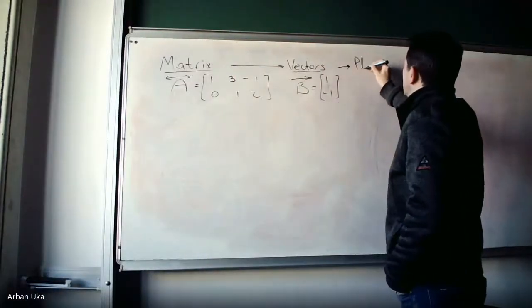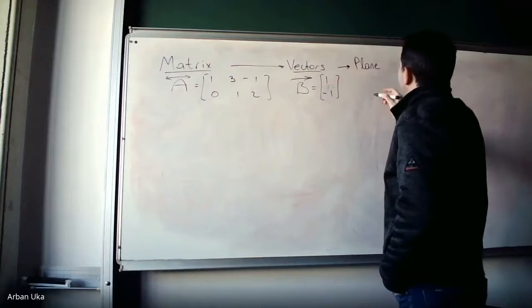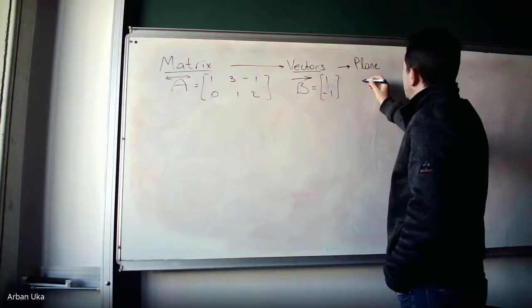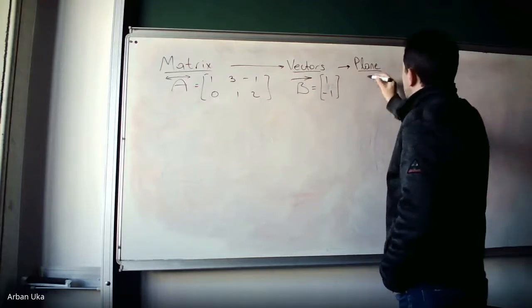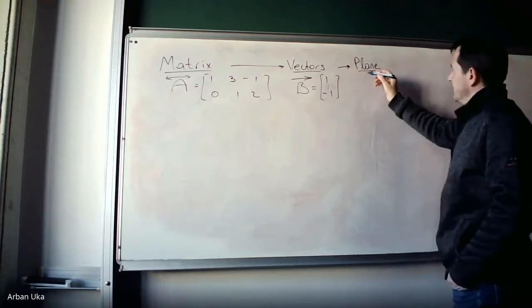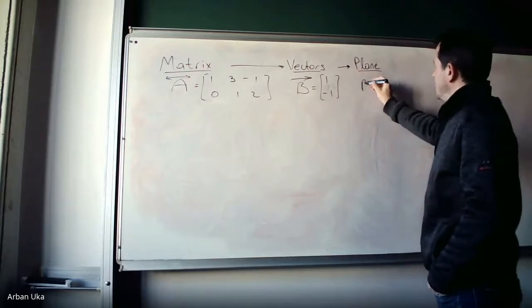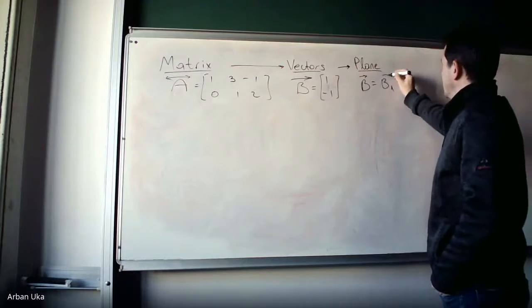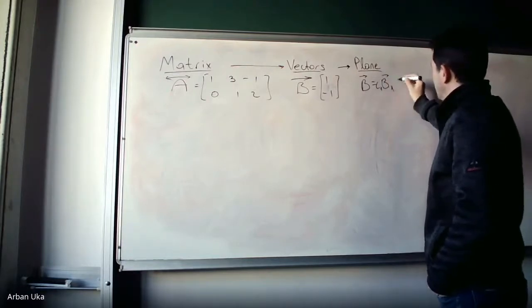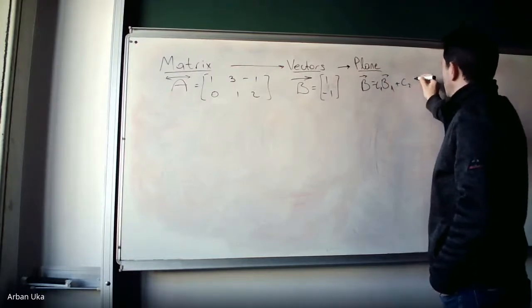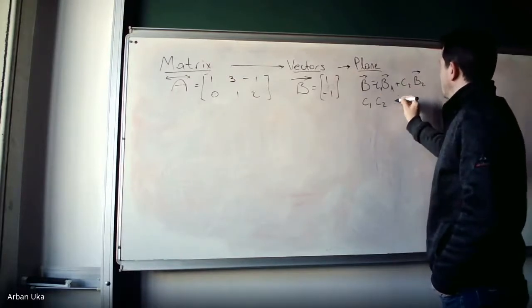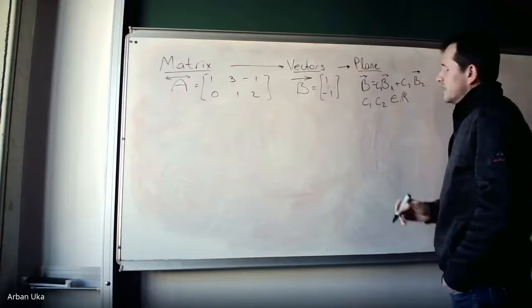We can define the equation of a plane, and this equation of a plane is defined as, let me call this one B, equal to C1 B1 plus C2 B2, where C1 and C2 are real numbers.